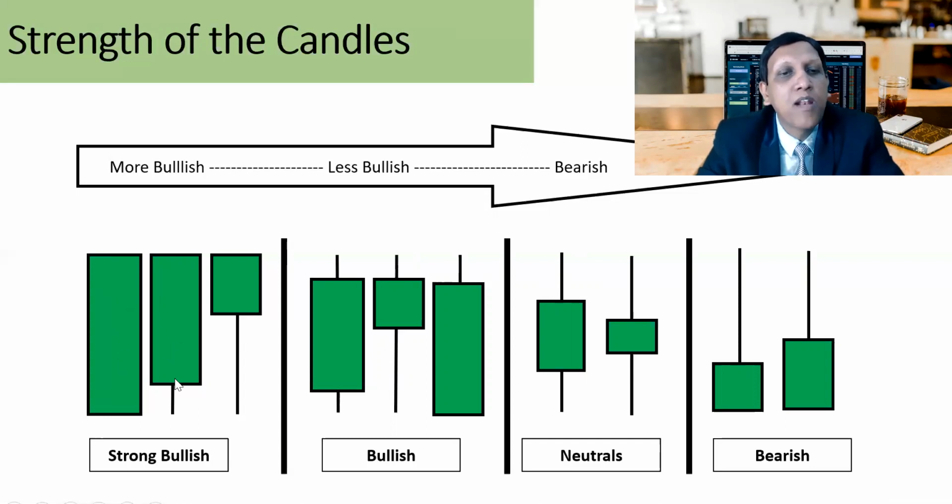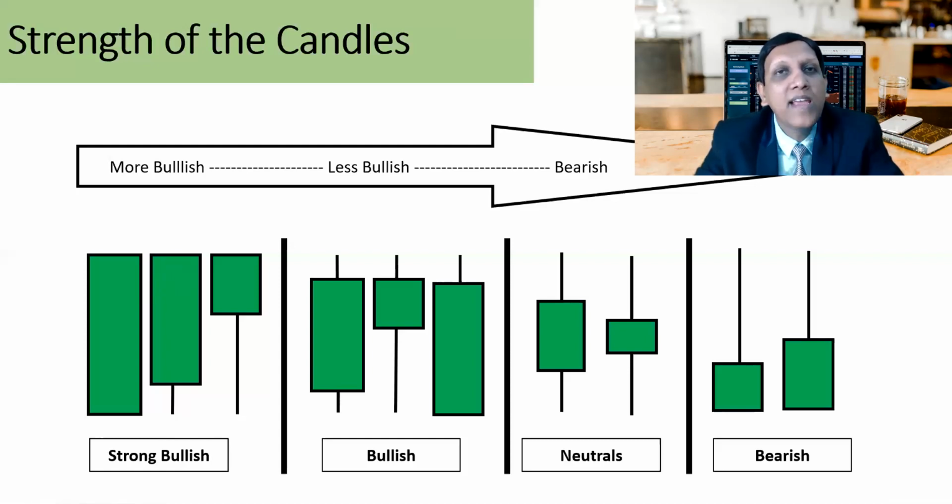Similarly, if you see here, the price is opening here. Then bears are trying to take it down, but again bulls take charge and establish the price at the same level as the previous candle. So though there is a downward travel, at the end of the day, every day there is a war between bulls and bears in the market.